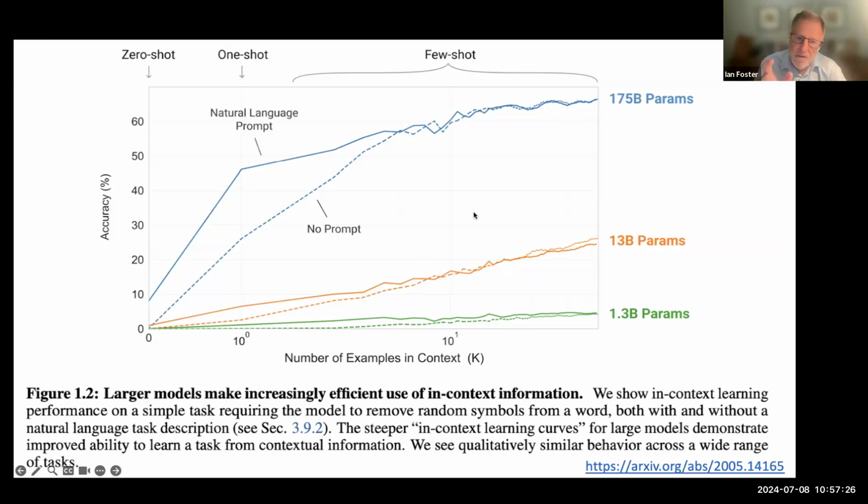Interestingly, this ability to do multi-shot learning is not really present with this 1.3 billion parameter model, is somewhat present with a 13 billion parameter model, and becomes quite substantial for the 175 billion parameter model. So that's an interesting observation about the power of multi-parameter foundation models.